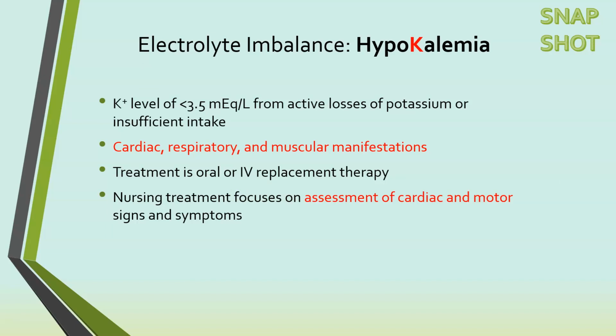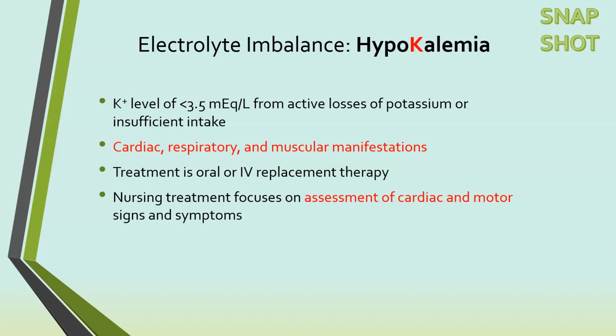The first electrolyte imbalance we're going to talk about with potassium is hypokalemia. Again, make sure when you're reading your test questions what electrolyte imbalance you're dealing with. Potassium levels of less than 3.5 milliequivalents per liter from active losses of potassium or insufficient intake. Hypokalemia is going to be more common than hyperkalemia. You'll see cardiac, respiratory, and muscular manifestations because, again, it affects the neuromuscular functions of the body.